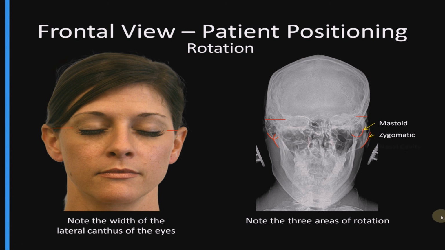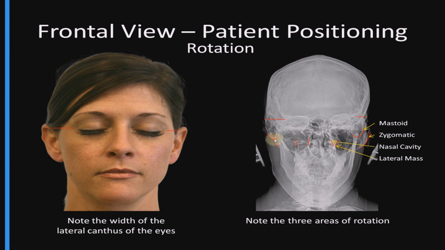Our third reference is looking at the sides of the nasal cavity compared to the sides of the lateral mass. Those also should be symmetrical. However, this is our third reference and least important reference, because if you look up here, the lateral canthus is a skull-to-skull relationship for assessing rotation. The zygomatic and mastoid is a skull-to-skull relationship assessing for rotation.